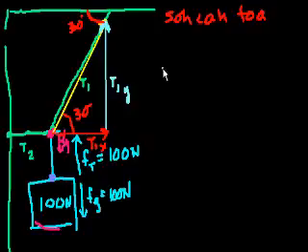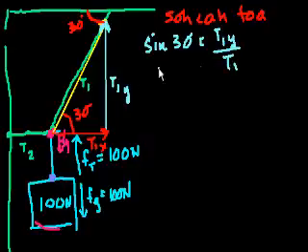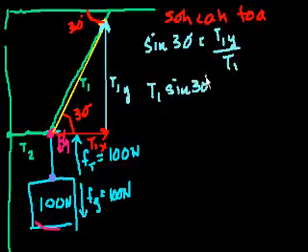The sine of 30 degrees is equal to T1 sub y over the tension in the string going in this direction. And so if we solve for T1 sub y, we get T1 sine of 30 degrees is equal to T1 sub y.